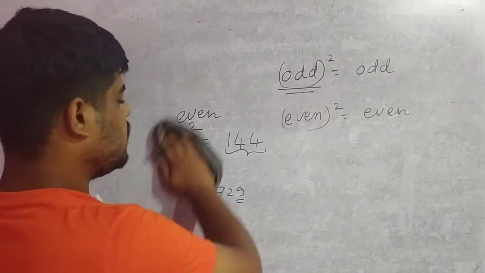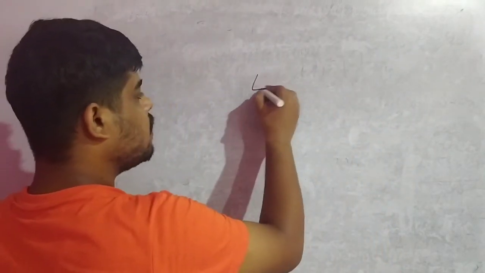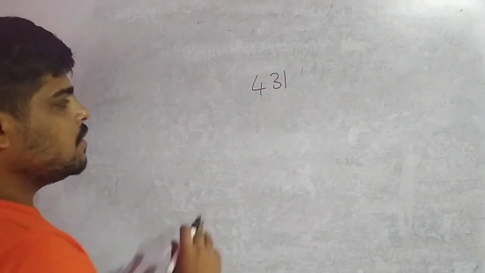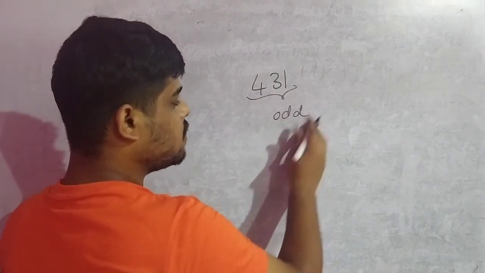Now there is a question. The question says: the square of which of the following would be an odd number. The first example is given as 431. So we can say this number is an odd number.